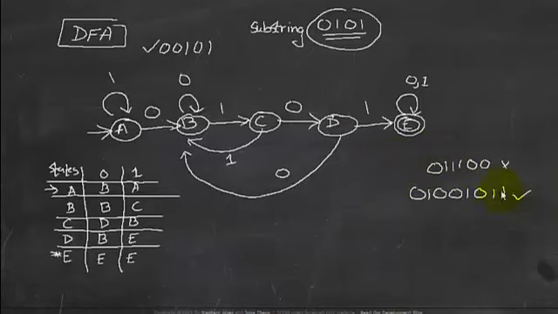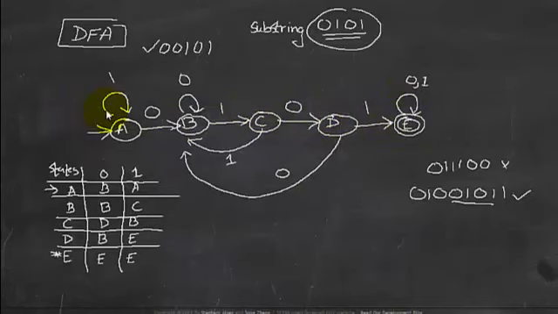Again, this one should be accepted because as you can see, 0101 is here. Before and after that, whatever comes, we don't care, but as long as this 0101 is there, we accept the string. So let's see if it's accepted: 0 1 0 0, then 1 0 1, and then 1.